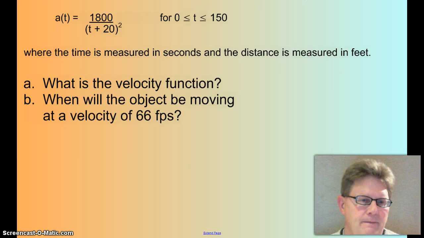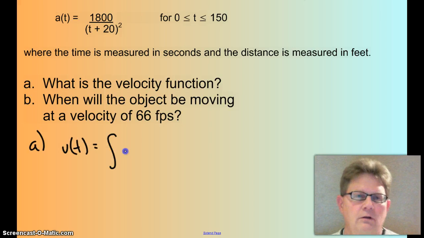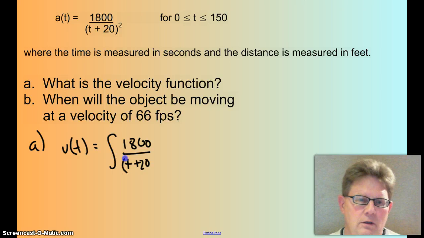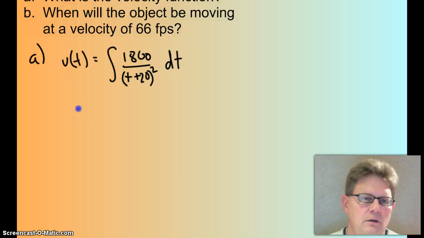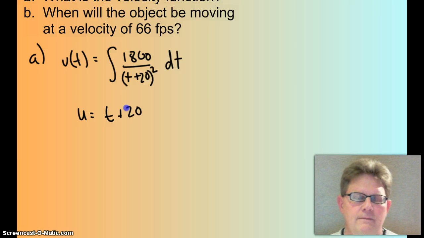Okay, here we go. A. The velocity function equals the integral of 1800 over t plus 20 quantity squared dt. So let's go ahead and use a little bit of substitution. u equals t plus 20.